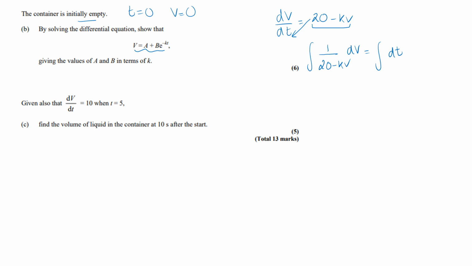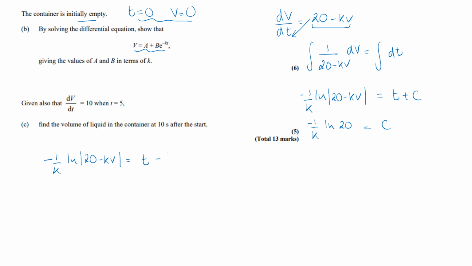Now we're going to integrate, so this will be the ln of 20 minus kV, but because of the reverse chain rule, we'll have to then times by minus 1 over k on the front is equal to t plus c. Putting in those initial conditions, minus 1 over k, the ln of 20 is equal to c. So writing it all out, we'll have minus 1 over k, the ln of 20 minus kV is equal to t minus 1 over k, the ln of 20.